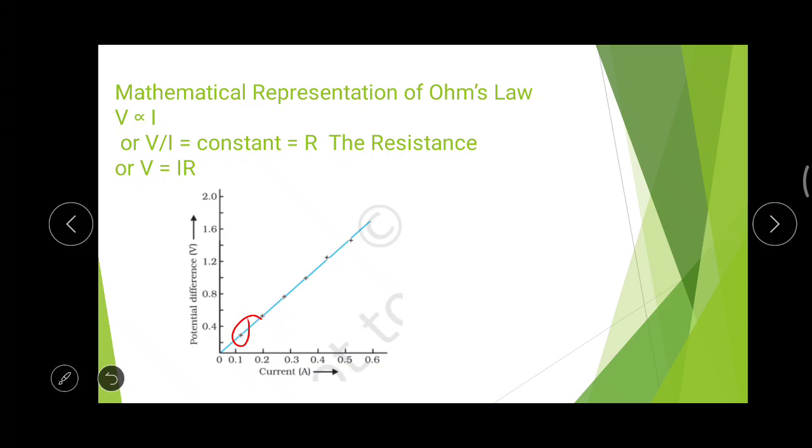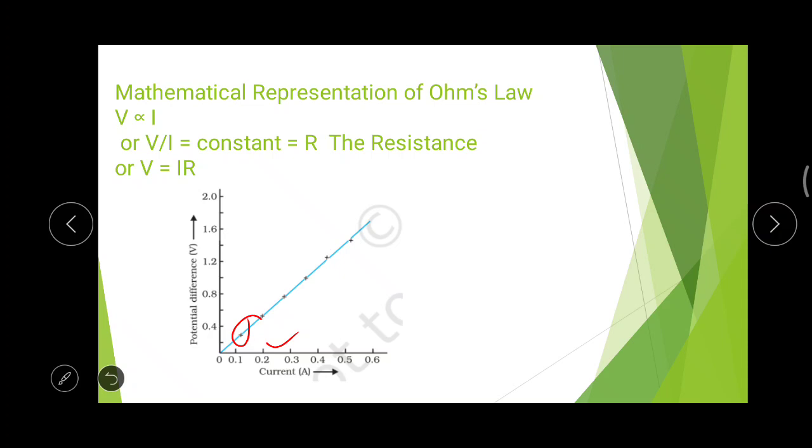Then if the current value is 0.2, you can see the V value is near about 0.6. As the I increases, the V is also increasing, and the graph is a linear one.